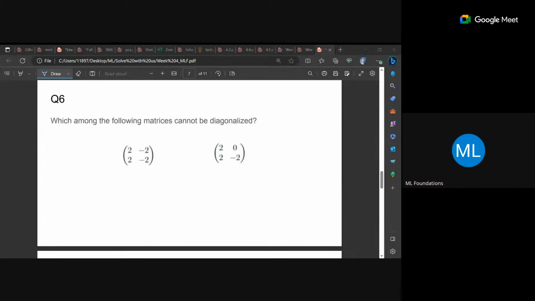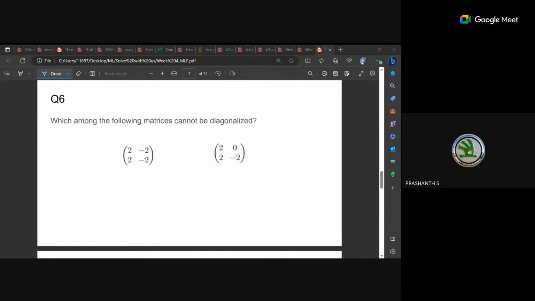Okay. So yes, the first one is not diagonalizable and the second one is diagonalizable. So is it clear to all of you? It is because the number of eigenvectors is one. Yeah, right.